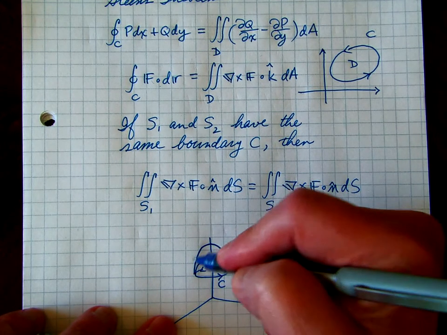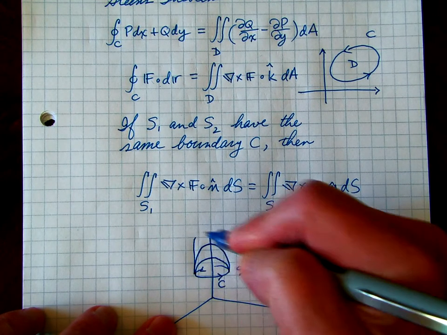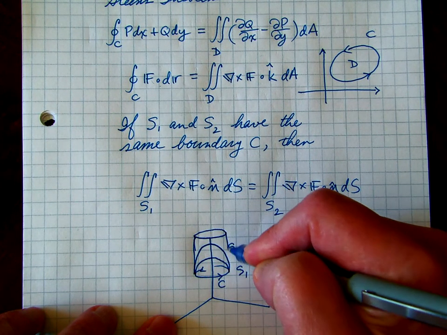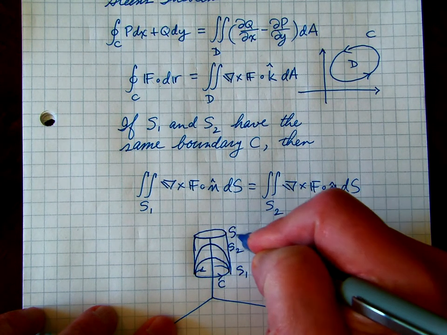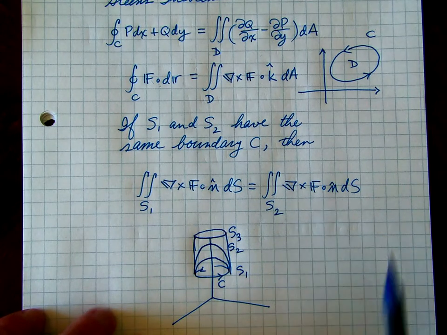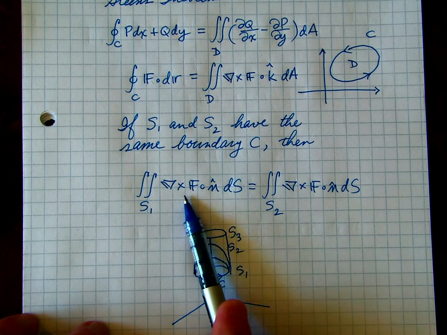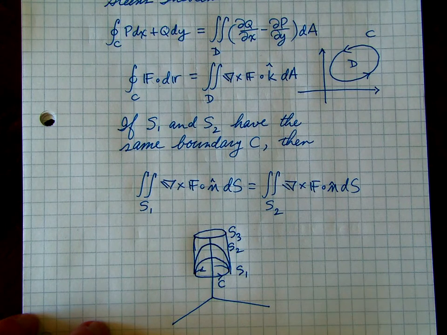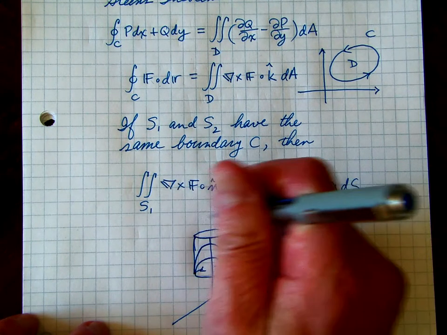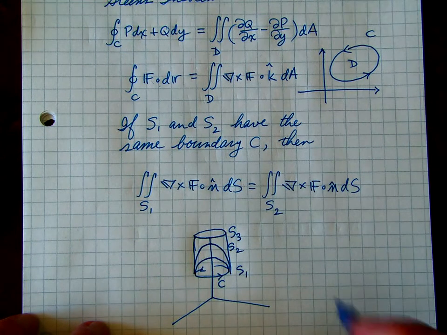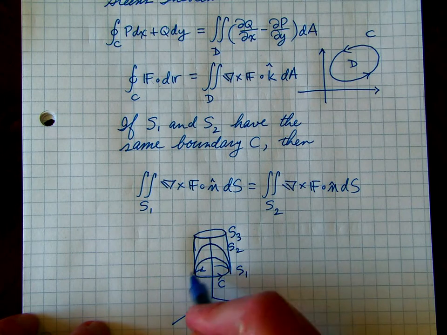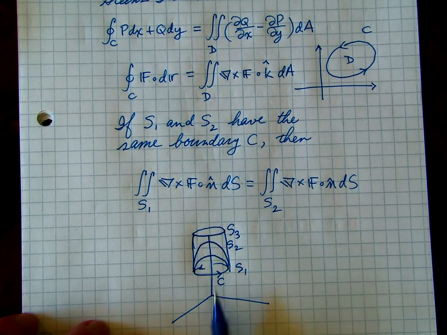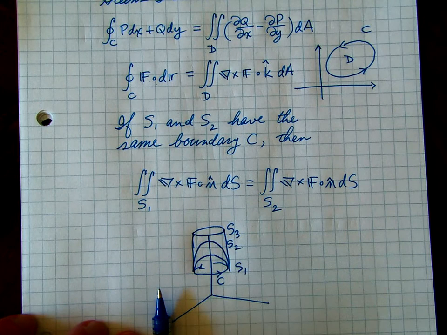Or I could even go all the way up and put a lid on it and make some kind of cylinder and call it S3, and S3 would have the same flux for the curl that S1 and S2 have. I could even blow this up on top and make a kind of chef's hat, as long as it still had the same boundary on the open side. Remember, these are closed except for this open part underneath.